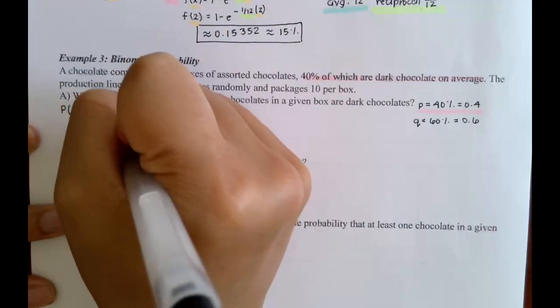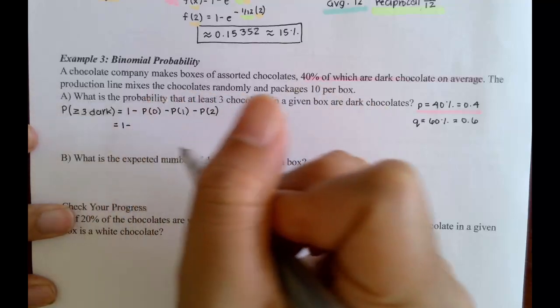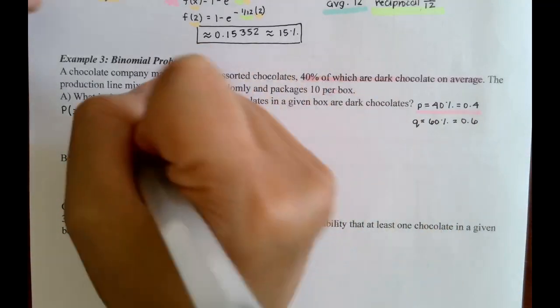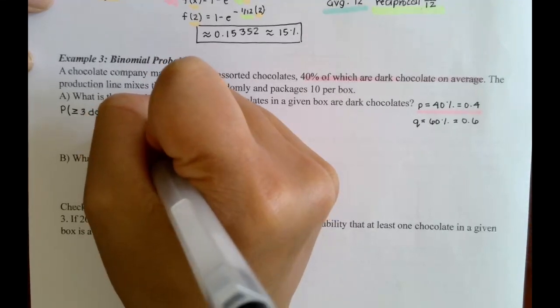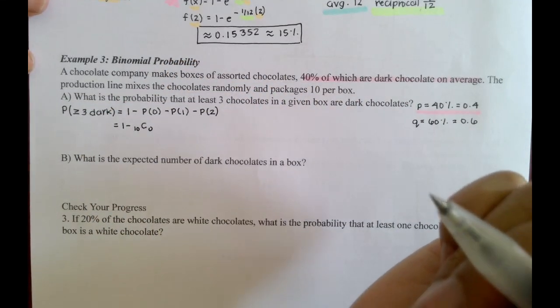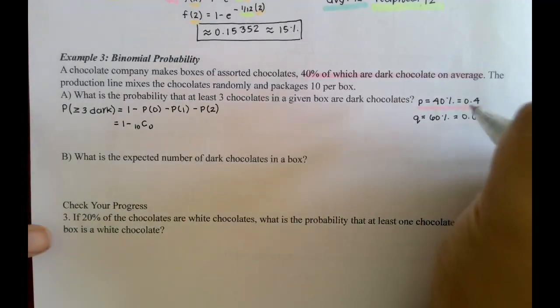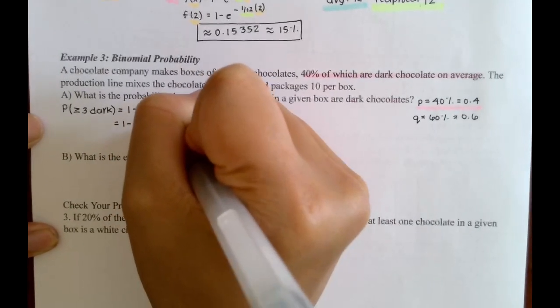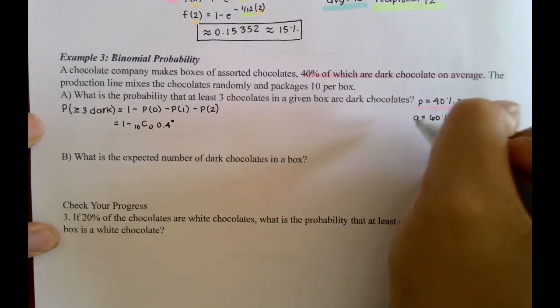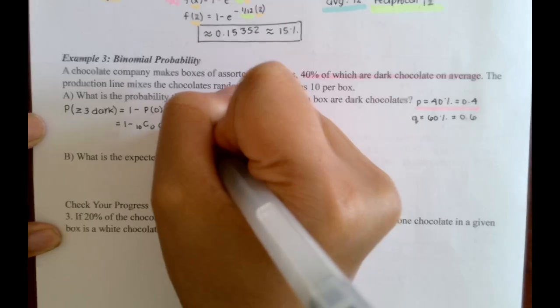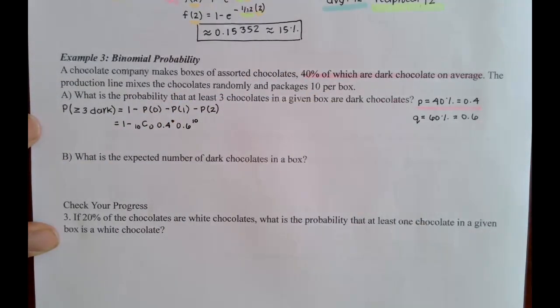So 1 minus the probability of 0. That means out of 10 chocolates, we're picking 0. The probability of success is 0.4 to the 0 power, and the probability of failure is 0.6 to the 10, because it all fails.